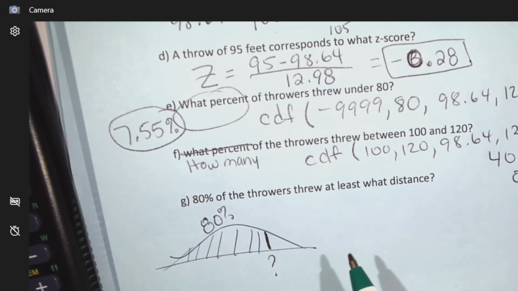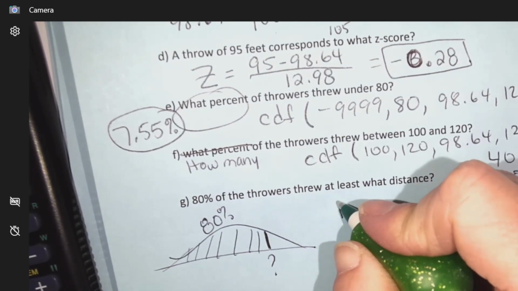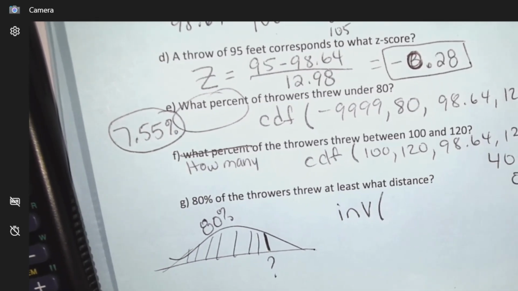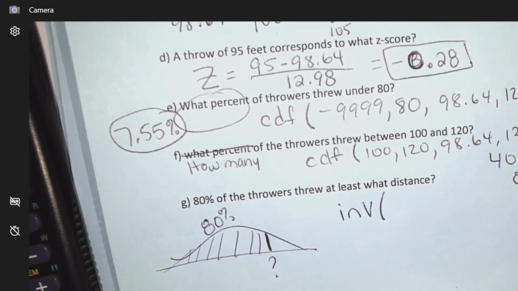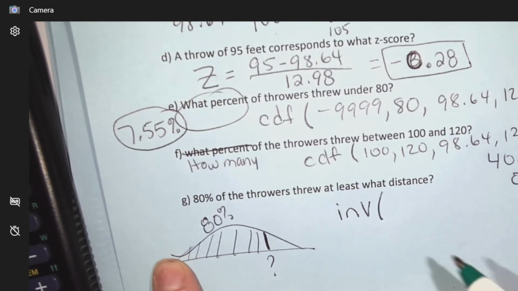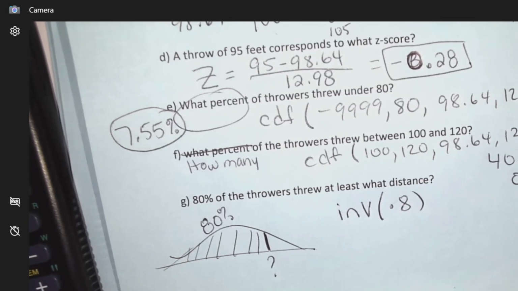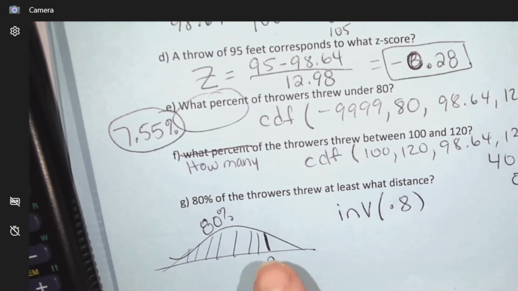If I give you a percent, what are you going to do? Inverse. You're putting in a decimal, and this decimal is showing me below. So in this case, it is 0.8. If it had been the other way, you would have had to do 0.2. Sometimes you've got to figure that out.